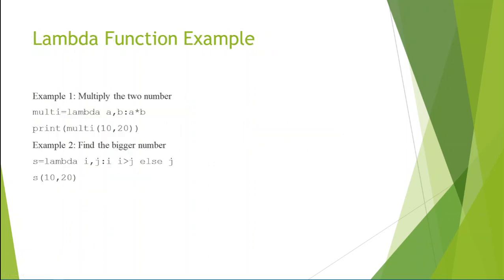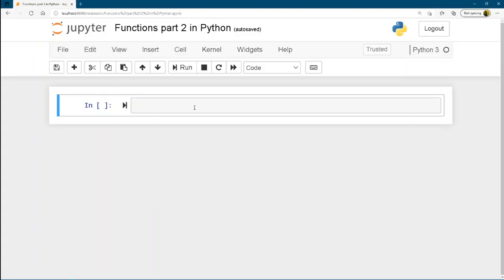For example, let us see if you have to check which is the bigger number. I will write a lambda function which will take two values, i and j. Then the processing part will be done under the expression: i if i is greater than j, else j.